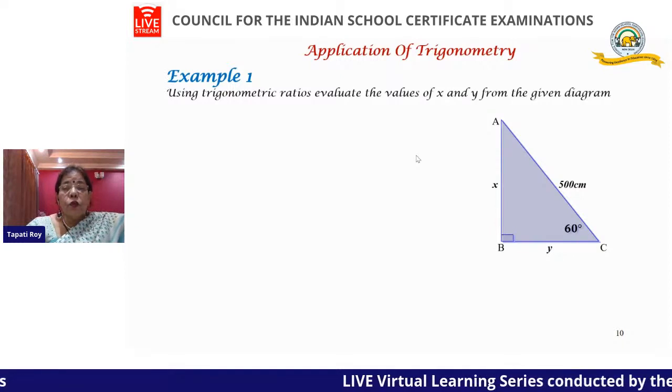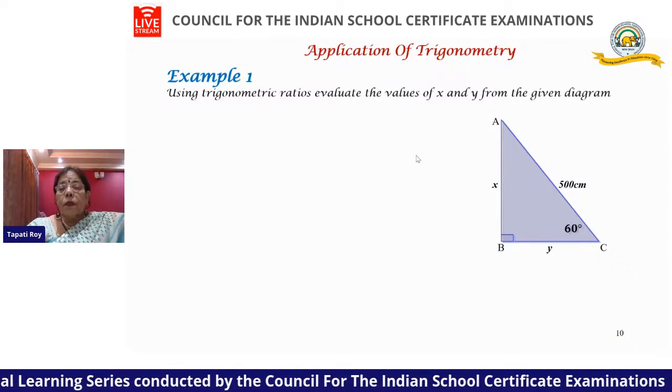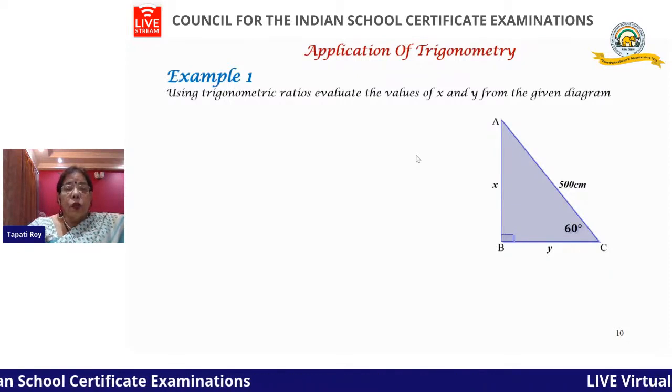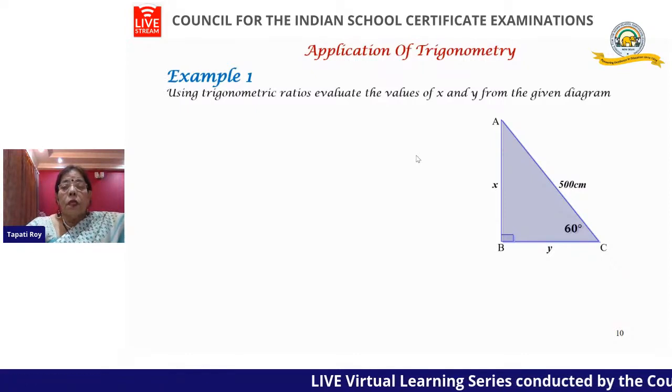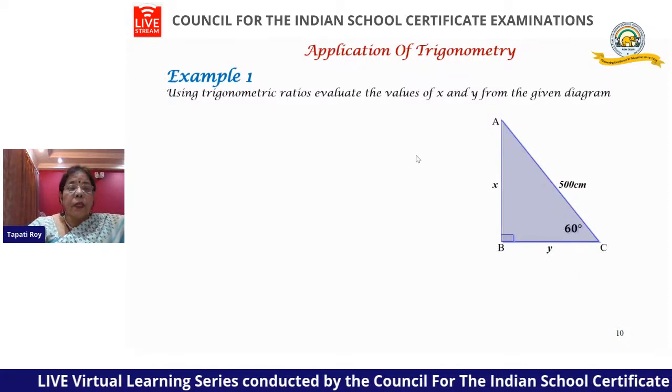The ratio I need to use is the sine ratio. And when we are doing the y, it is the base and we know the hypotenuse. Which ratio? Base and the hypotenuse, that is the cos ratio. So this is how you are going to ponder over the question, see the diagram and think what you are doing. Now let us solve the sum.